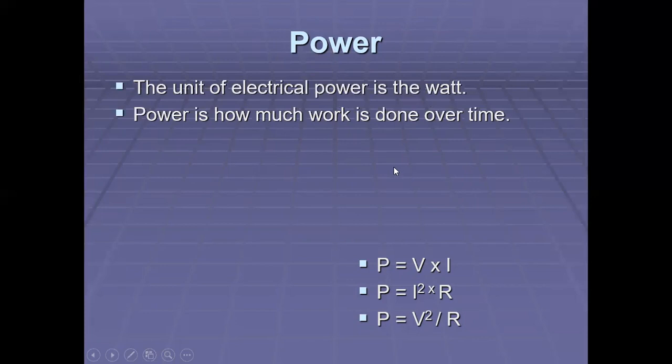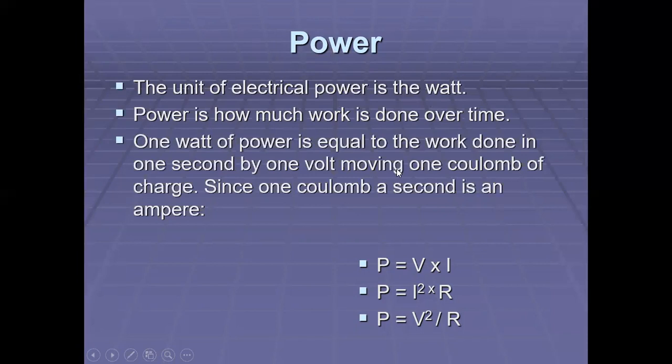So power is how much work is done over time for a potential difference, and if there is a current or electric flow. So 1 watt of power is equal to the work done in 1 second by 1 volt moving 1 coulomb of charge current. Since 1 coulomb a second is an ampere, it means it is current.